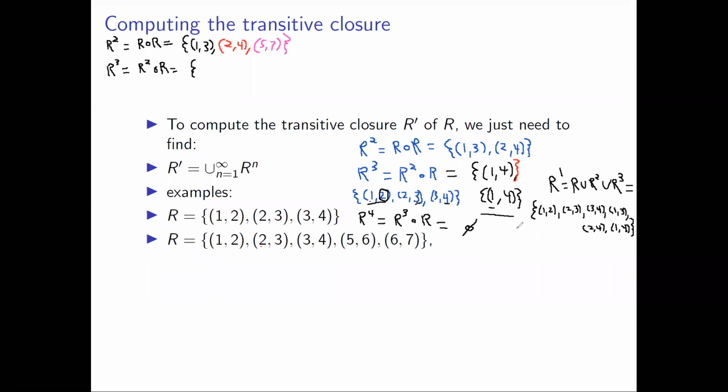And then I will put the R squared here. So we can do the same process. We take each ordered pair of R, we look at its second term, and try to match it up with the first term in R squared now. And we see the 2 as the second term in R matches up with the 2 as the first term in R squared, giving us the 1 and the 4 together.